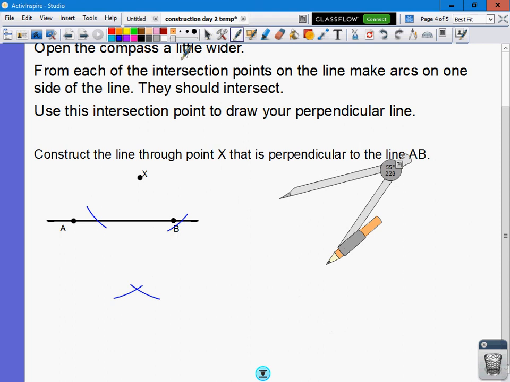And if you've done that, you should be able to identify a point of intersection for those two arcs. And we're simply going to take a line and draw it through X and that point of intersection.